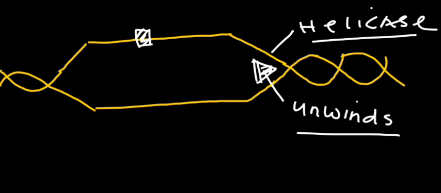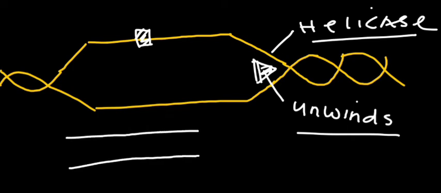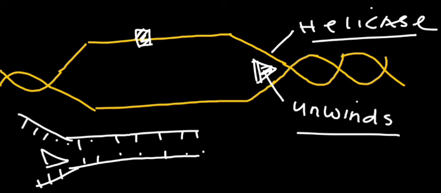Because imagine that earlier, the DNA was like this, and here we have bonds. Those are hydrogen bonds. So first, it's going to break these bonds, then this will be like this. The enzyme helicase is going to be breaking bonds like that.